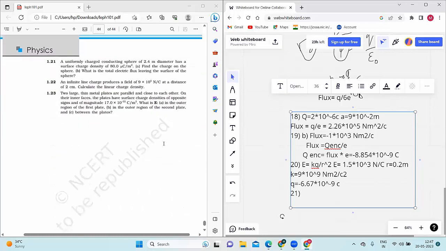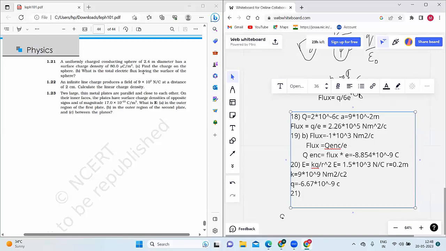We'll go to the 21st question. A uniformly charged conducting sphere of 2.4 meters diameter has a surface charge density of 80 millicoulomb per meter square. Find the charge on the sphere.